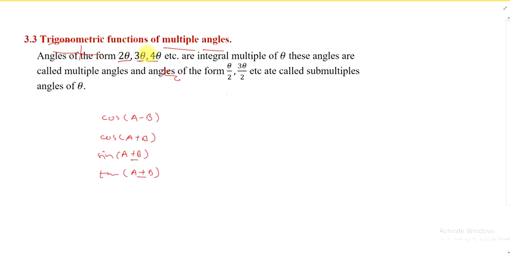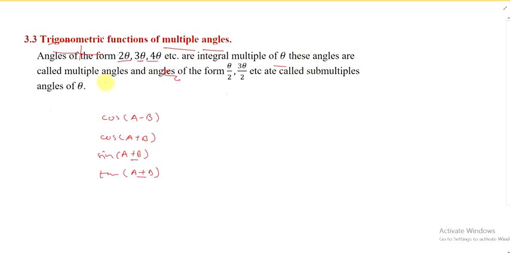Now, if theta has multiples like 2, 3, 4, then we say that these are the multiple angles of theta. Angles of the form 2 theta, 3 theta, 4 theta, etc. are integral multiples of theta.